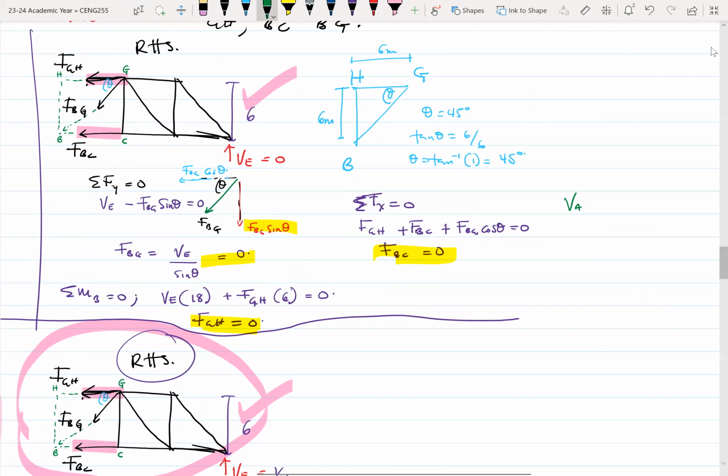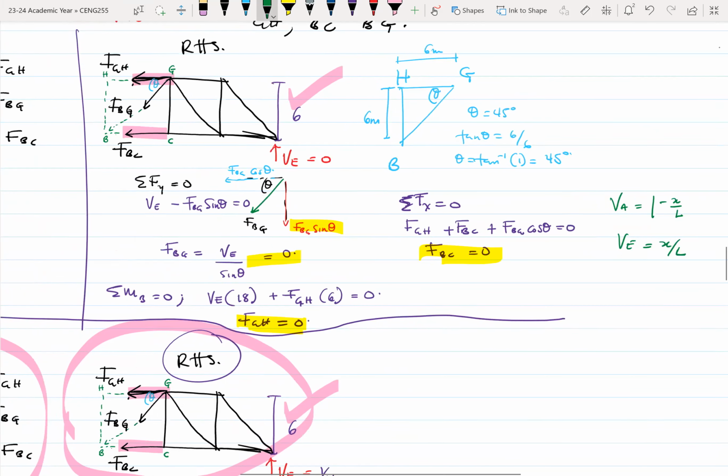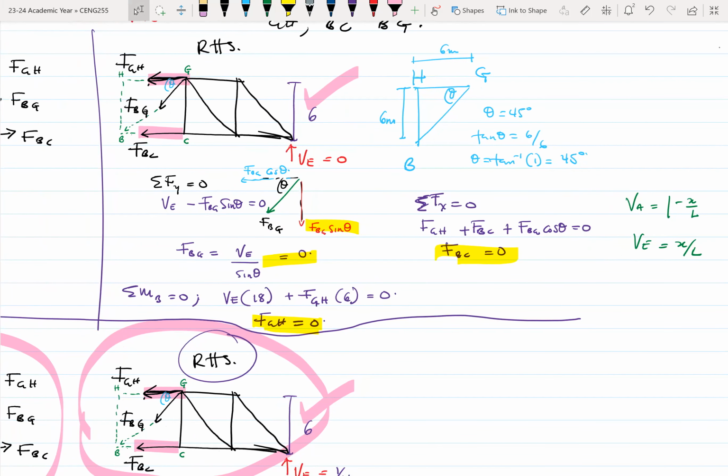We know that VA is 1 minus x over L, and VE is equal to x over L. I can take these equations and rewrite them to suit my equations, because that is easier to work with.